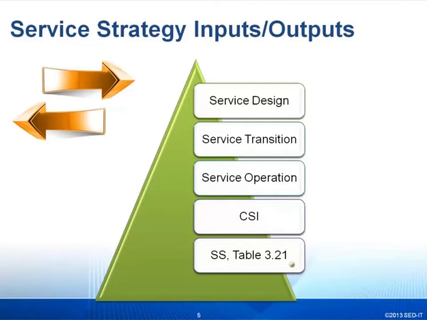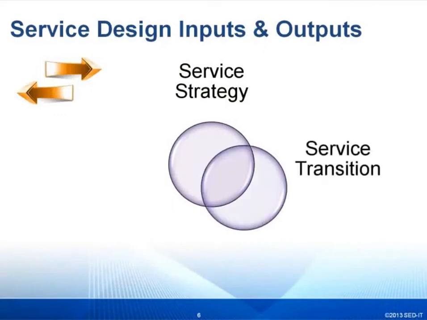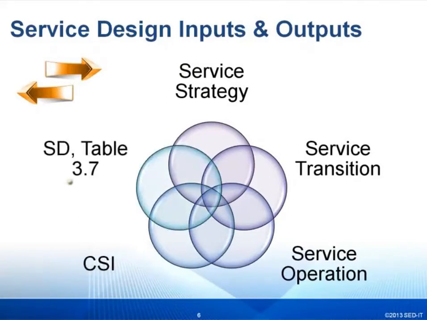So let's look at the next one. Now we're going to look at service design and its inputs and outputs to the other life cycle phases. So this is going to be found in the service design volume. It's table 3.7. Okay, so it's the same layout. I'm not going to go through the layout again, but let's quickly just look at service strategy. Service strategy will provide to the service design, can you take a guess?